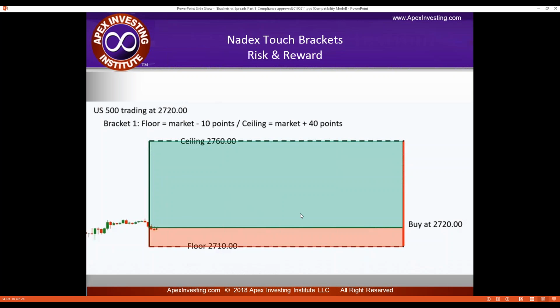So this call spread here basically has 10 points of risk and a potential 40 points of reward if we're looking at the buy side. So again, still a floor and ceiling, but on a touch bracket, if it touches the floor or ceiling, it's going to close out.